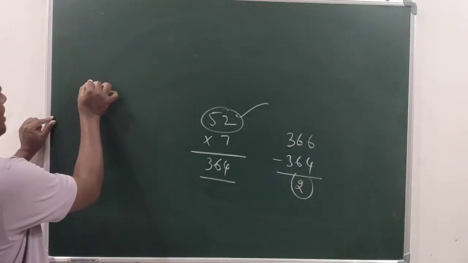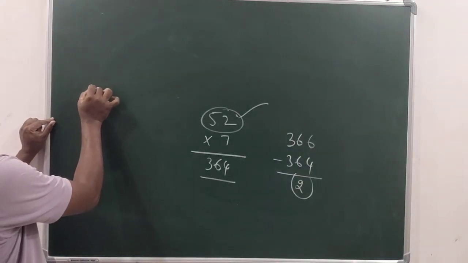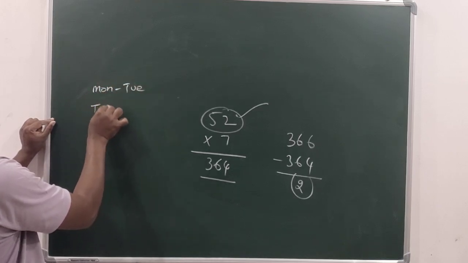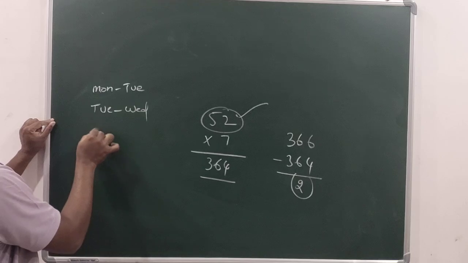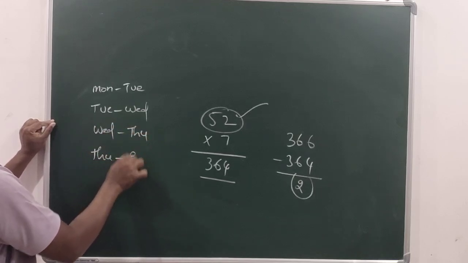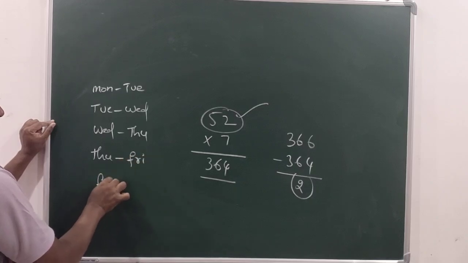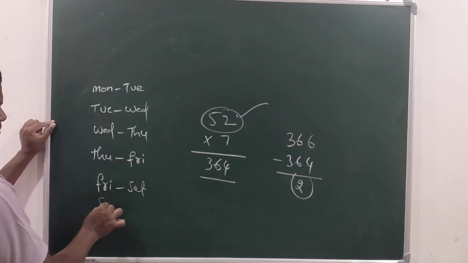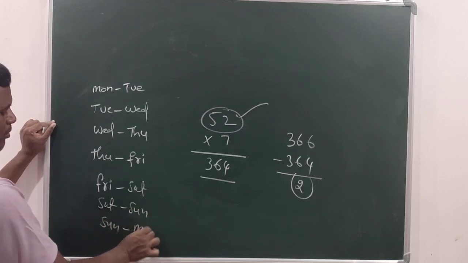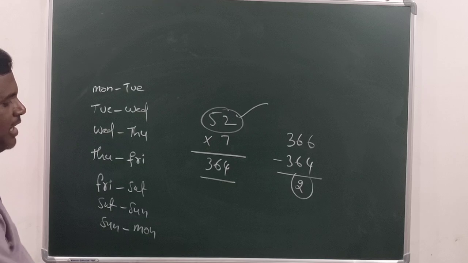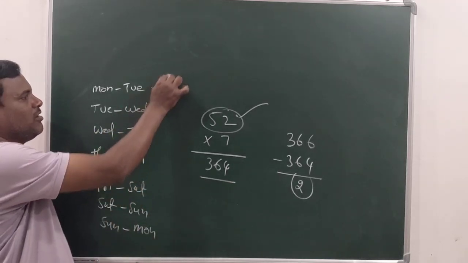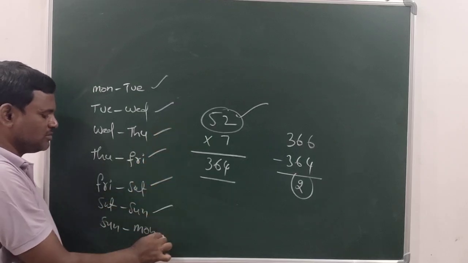See, we may get the choices like this: Sunday, Monday; Monday, Tuesday; Tuesday, Wednesday; Wednesday, Thursday; Thursday, Friday; Friday, Saturday; Saturday, Sunday. So any one of these 7 cases: 1, 2, 3, 4, 5, 6, 7.